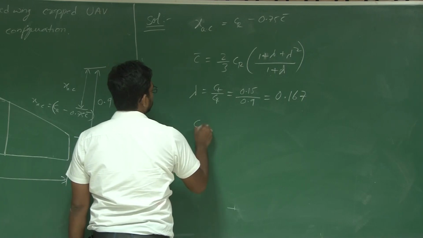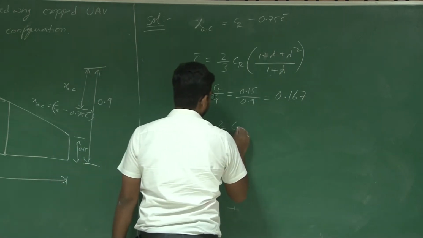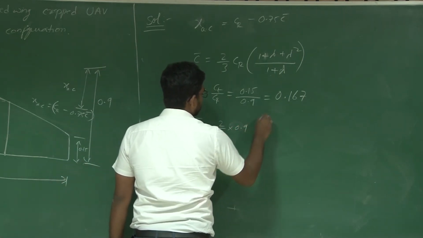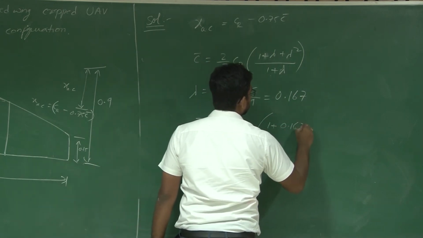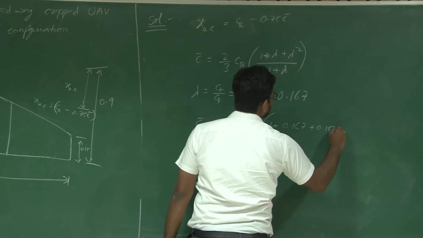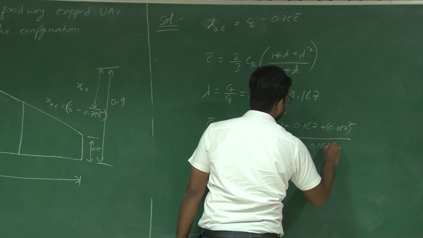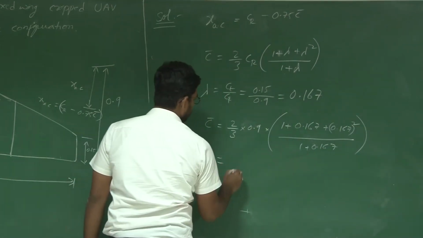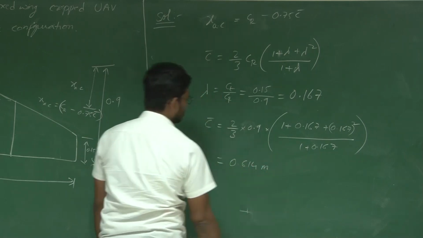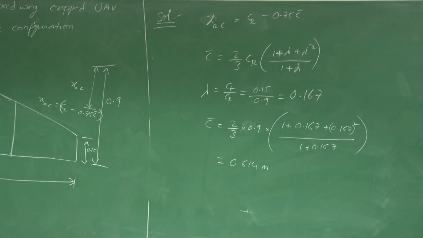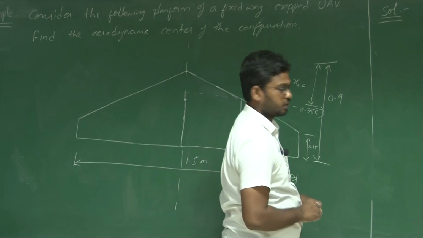Now substitute this lambda in the above equation: 1 plus 0.167 plus 0.167 whole square divided by 1 plus 0.167. So this equals 0.614 meters. Right? So the mean aerodynamic chord is approximately 0.614 meters.